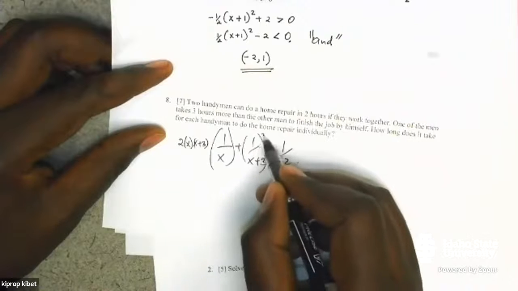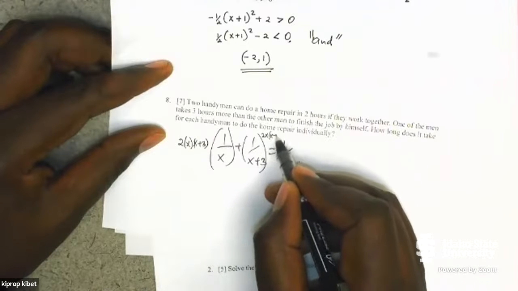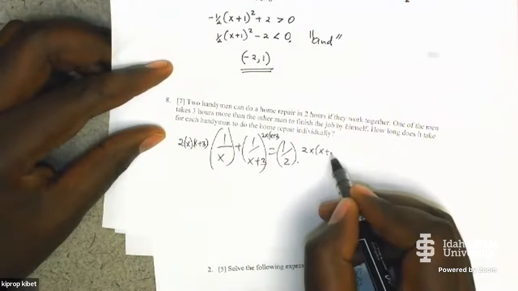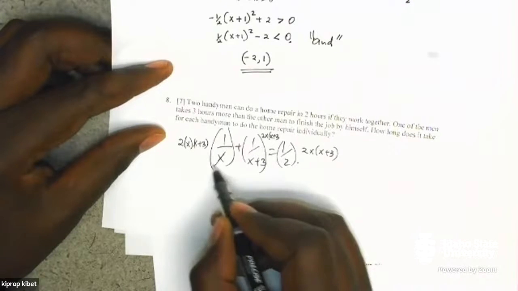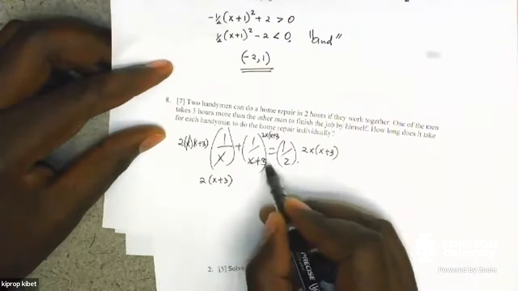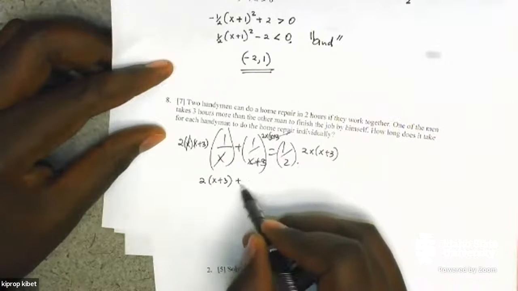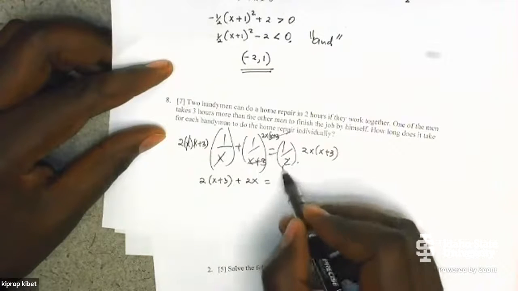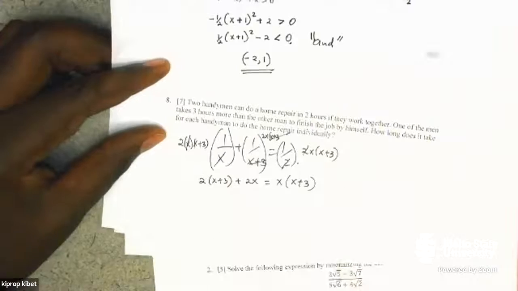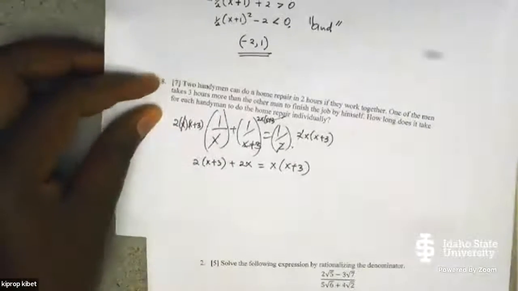Again, this one, 2x(x plus 3). Again, here, 2x(x plus 3). So the first one, you cancel that and that, you get 2(x plus 3). This one, you cancel that and that, you get plus 2x. And finally, this, you cancel that and that, you get x(x plus 3). And then you simplify to get the values.